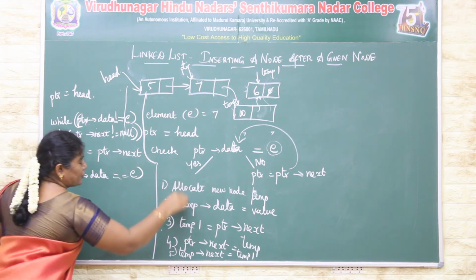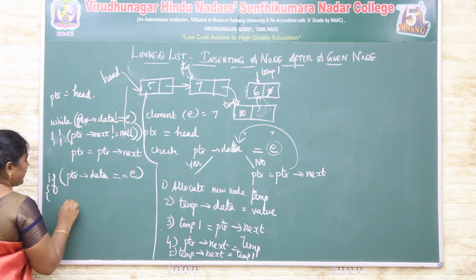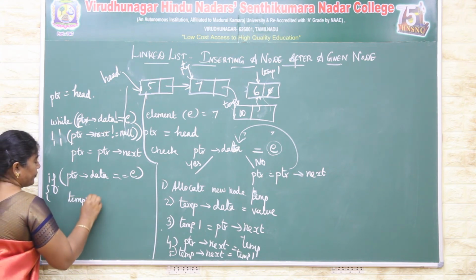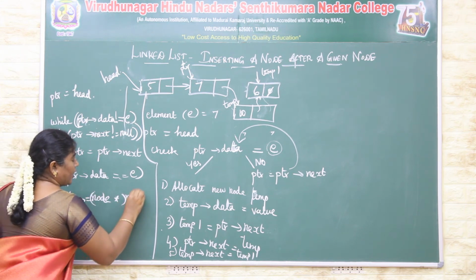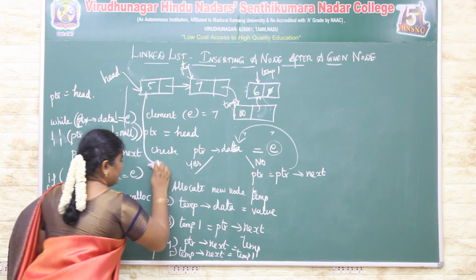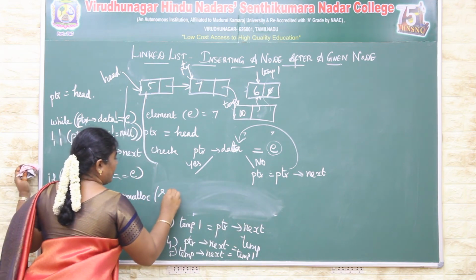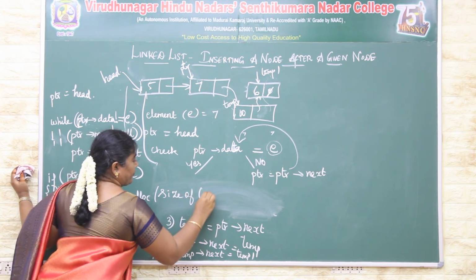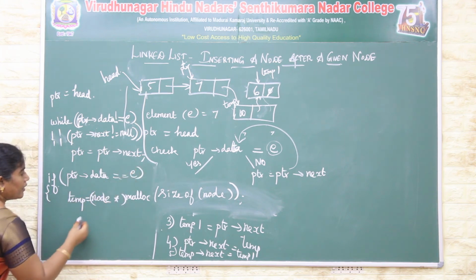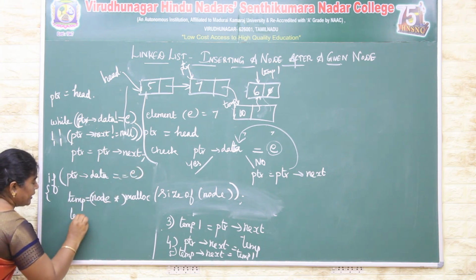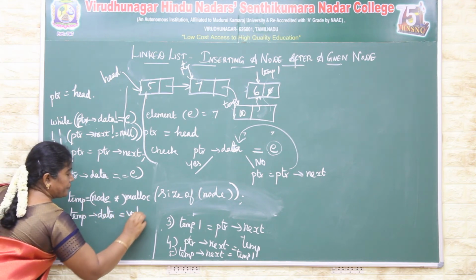Here again I check if my PTR pointer data is equal to element. Then what are the steps I have to do? I assign my new node, for example temp, equal to node star malloc of size of node. Then I assign temp pointer data equal to some value.